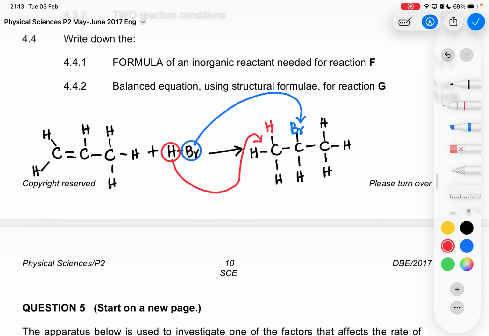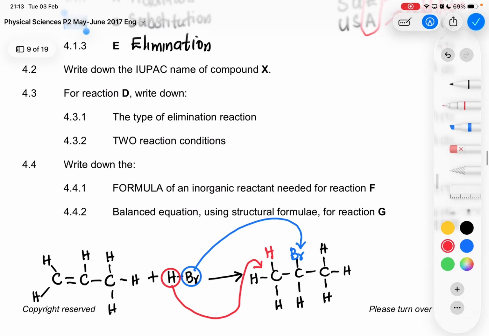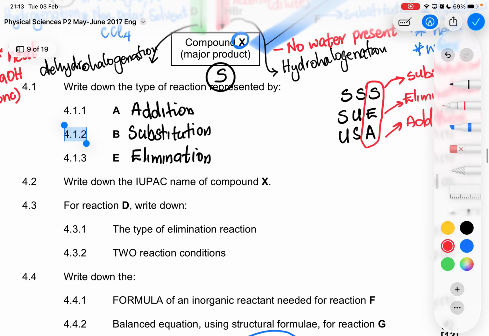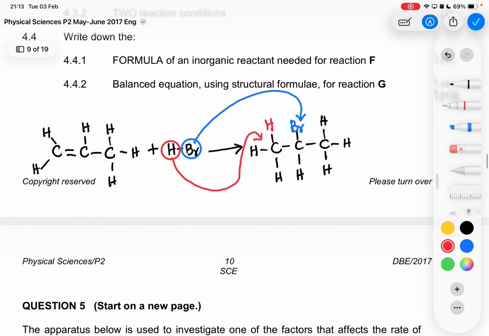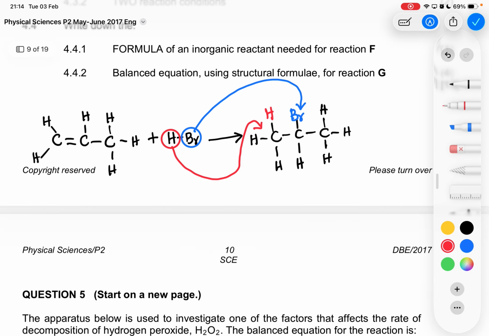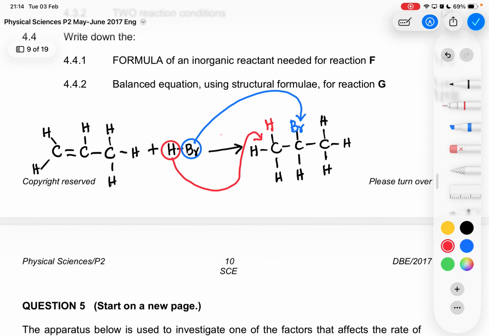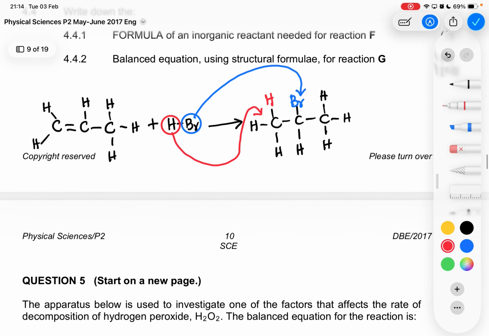Zaitsev's rule is for elimination, for you to find a major product. So they also mentioned major product. So yeah, this is the balanced equation. But what we are looking for is this. So let's give it an IUPAC name. So it's going to be 2-bromopropane.